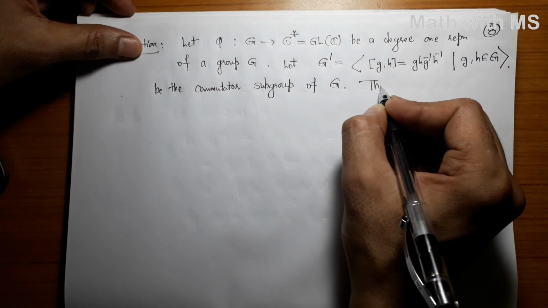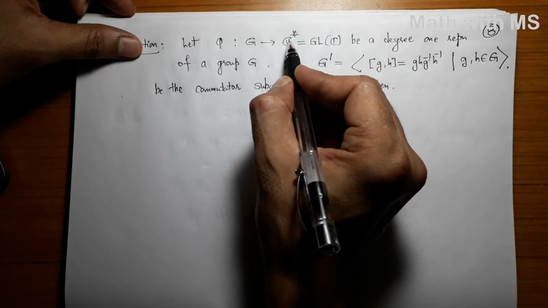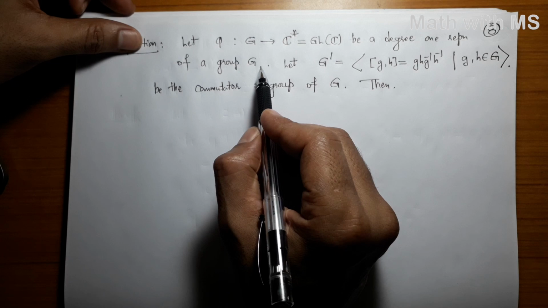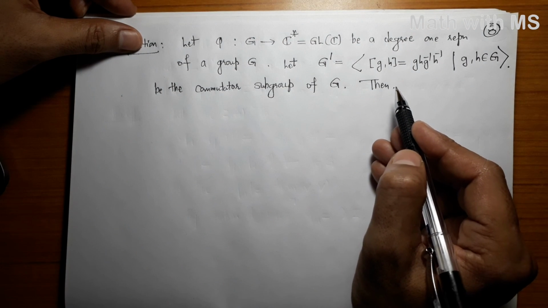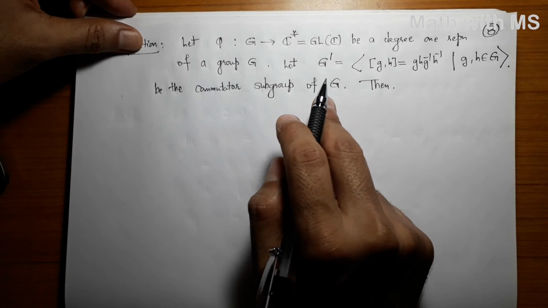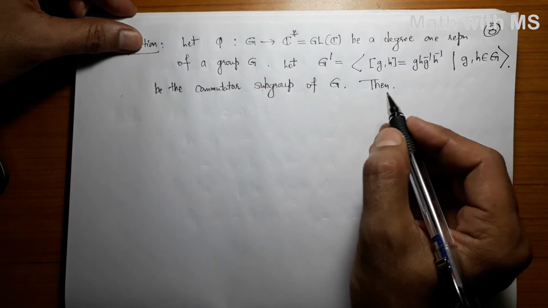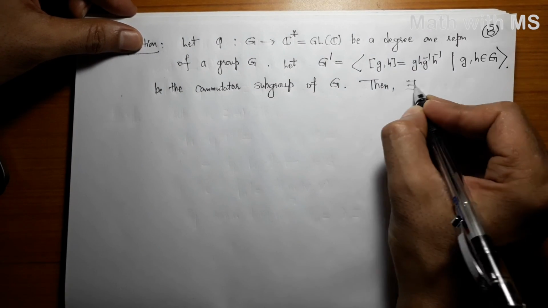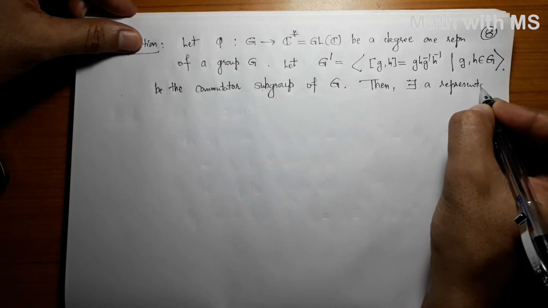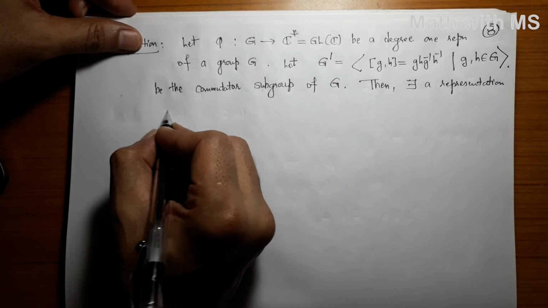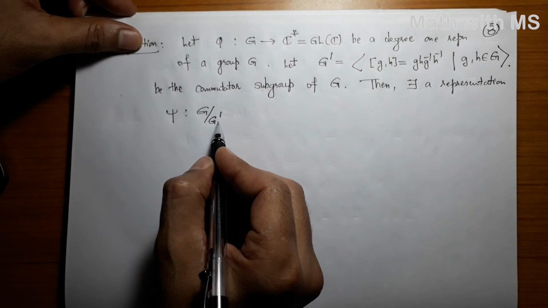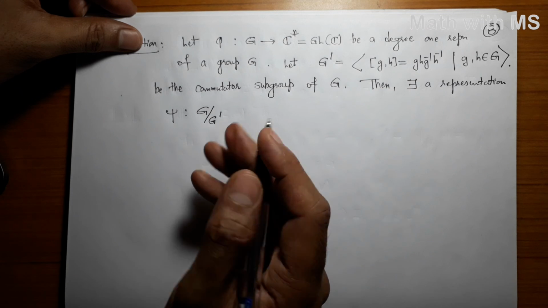Then my claim is that this degree 1 representation actually comes from a degree 1 representation of the abelianization of G, that is G mod G prime. There exists a representation, let us say psi from G mod G prime, because G prime is a normal subgroup of G, so G mod G prime is again a group.